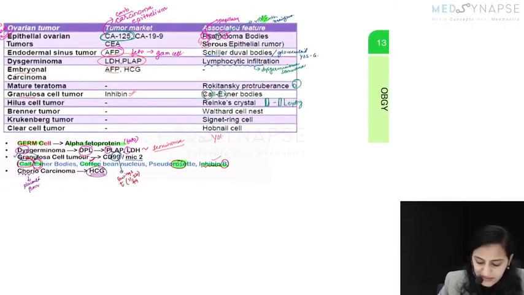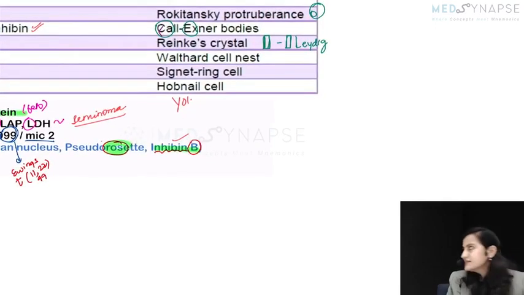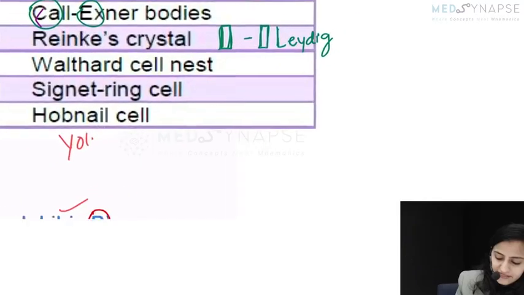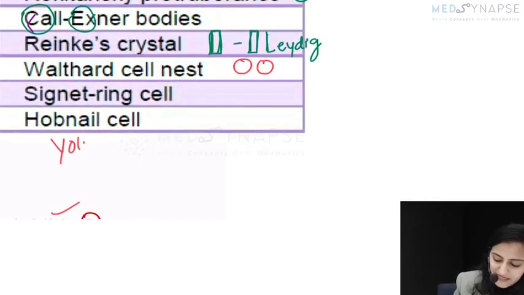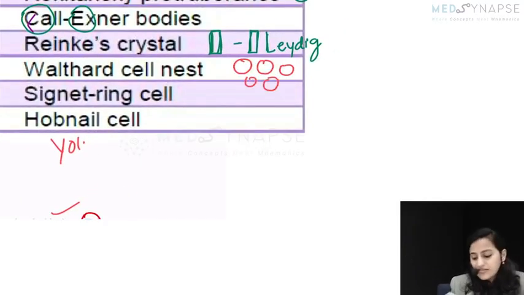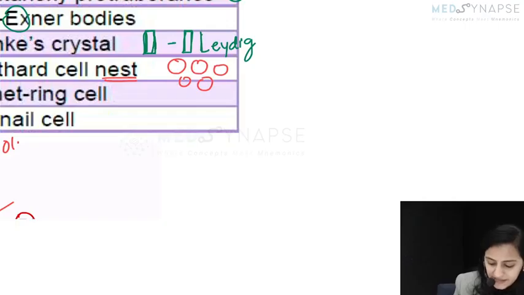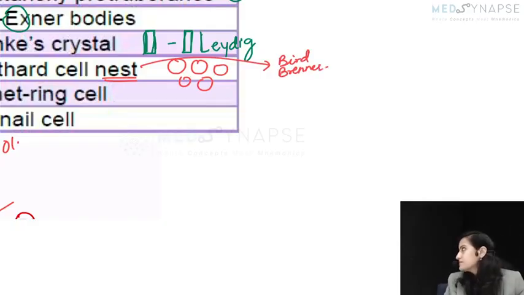Reinke's crystal is Hilus cell or Leydig cell. Right? That's the same, Leydig or Hilus. Walthard cell nest. मतलब उसमें ऐसा नेस्ट नेस्ट दिखेंगे, ऐसे मल्टीपल फॉलिकल नेस्ट जैसा. वॉल्थार्ड सेल नेस्ट. इसका नेस्ट होता है बर्ड का, ब्रेनर का. बर्ड ब्रेनर नेस्ट.